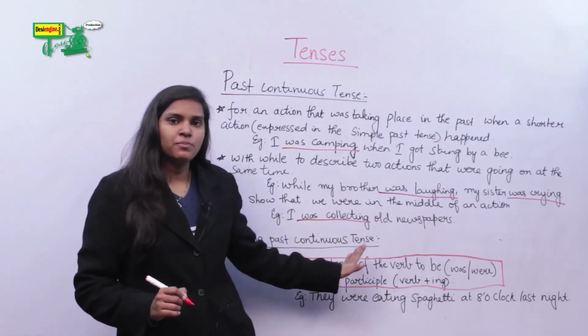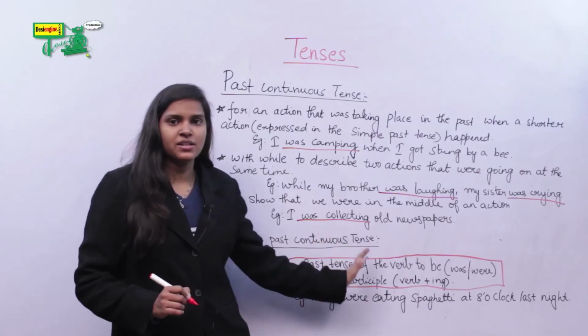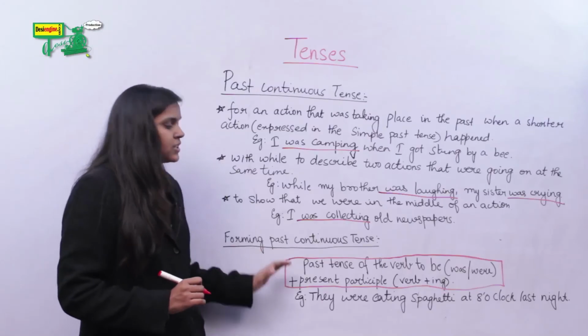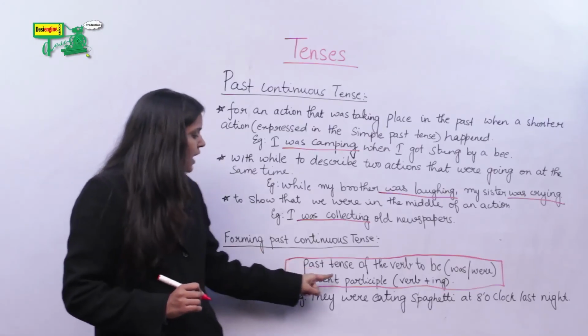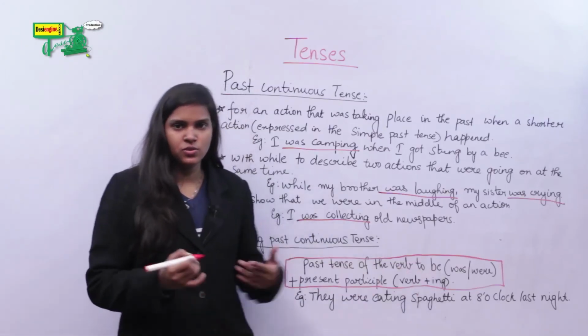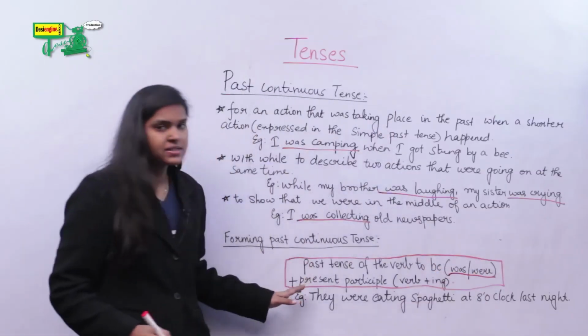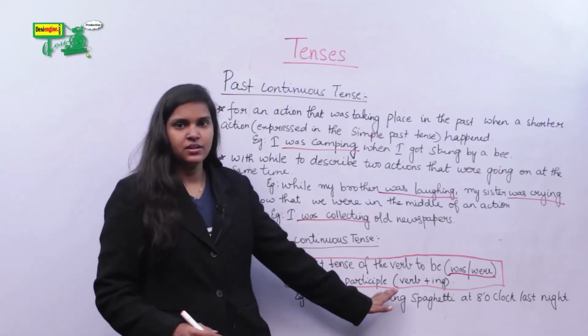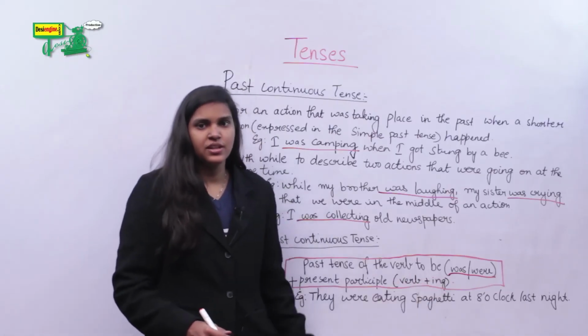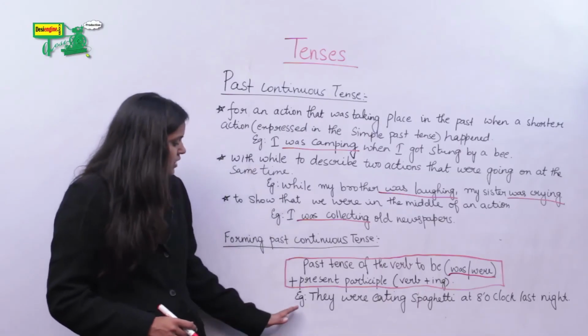Now, the forming of past continuous tense. It is formed by adding the past tense of the verb to be, which is was or were, plus the present participle, that is the verb plus ing. Let's take an example.